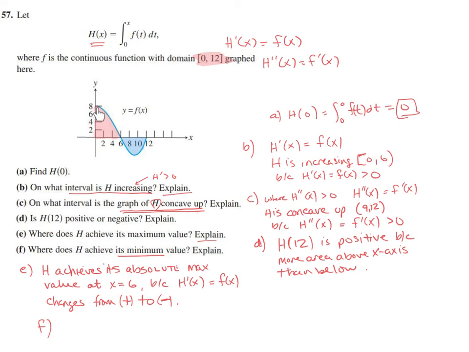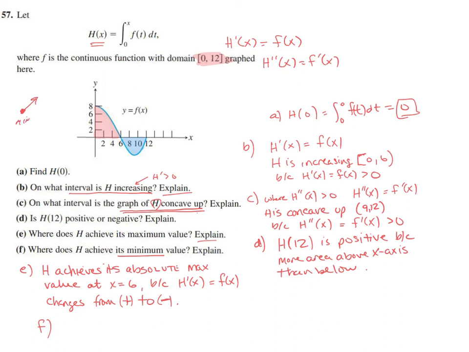So h prime is positive at the left endpoint and immediately after it. That means if a function, in this case h, has a derivative that's positive immediately after the left endpoint, the function h is increasing and the left endpoint has to be a min.